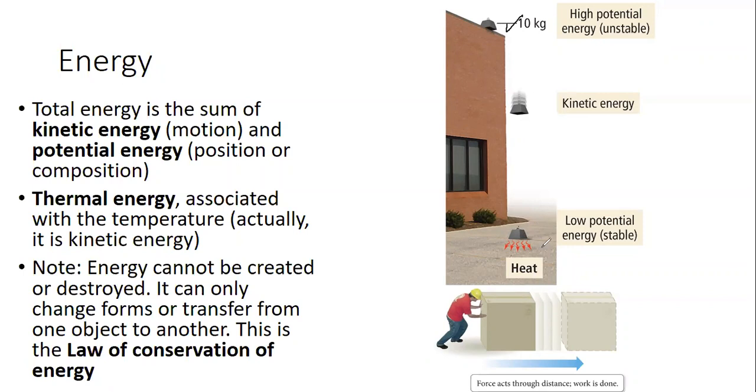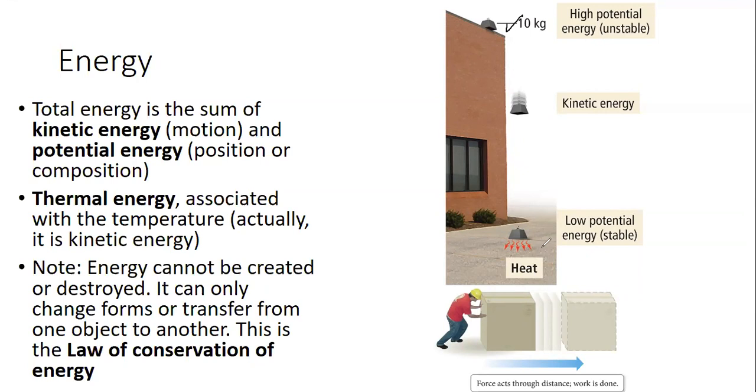When we're talking about energy, we always have to think about the law of conservation of energy. That law states energy can't be created or destroyed. You can only change forms of energy or transfer it from one object to another. So all of the energy in the universe is set.